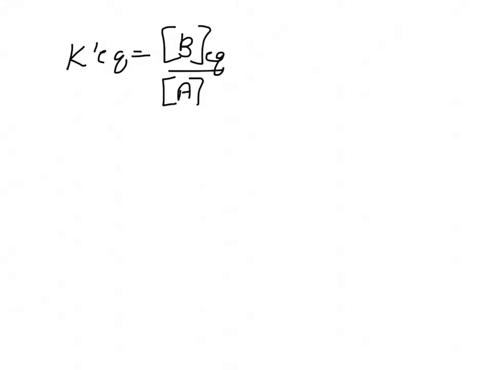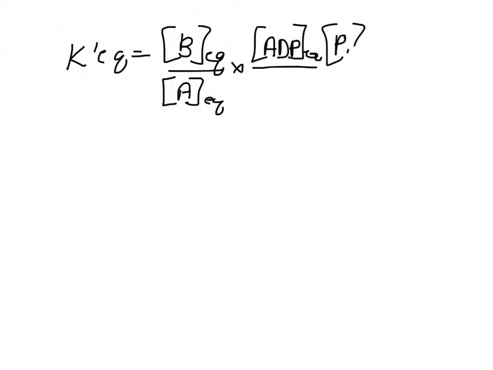So, if we multiply the equilibrium constants, it would be the concentration of B at equilibrium over the concentration of A at equilibrium times the concentration of ADP at equilibrium, inorganic phosphate at equilibrium, divided by the ATP concentration at equilibrium.